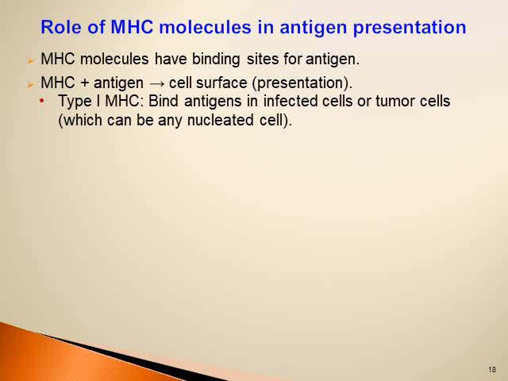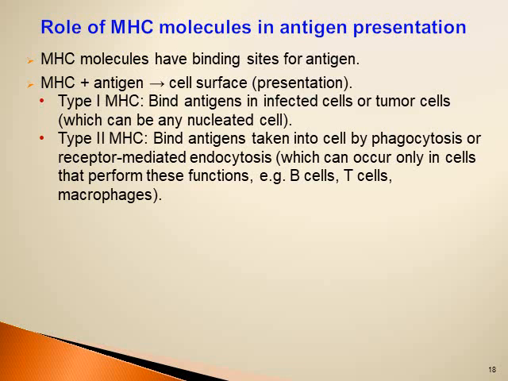Type 1 or class 1 MHC binds antigen in infected cells or tumor cells and presents it to the surface. And the infected cell or tumor cell can be any nucleated cell in the body. So it is not necessarily one of the immune response cells; it can be any cell, an epithelial cell, a neuron, a muscle cell, or whatever.